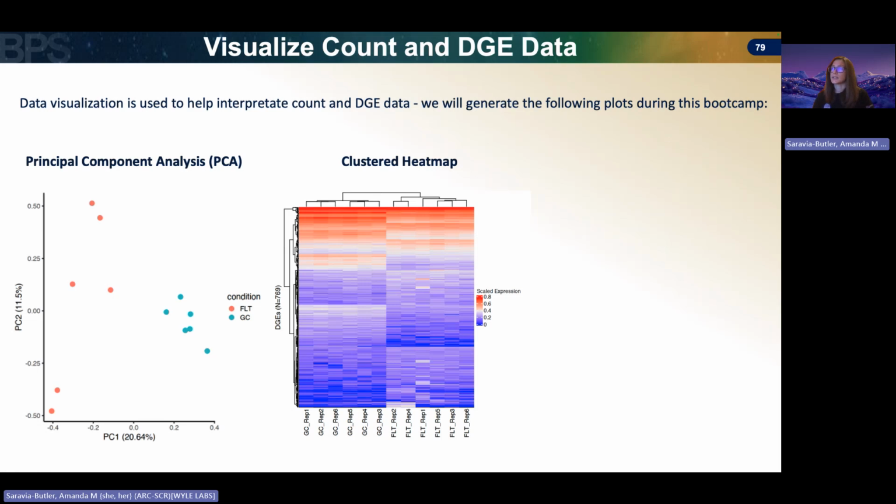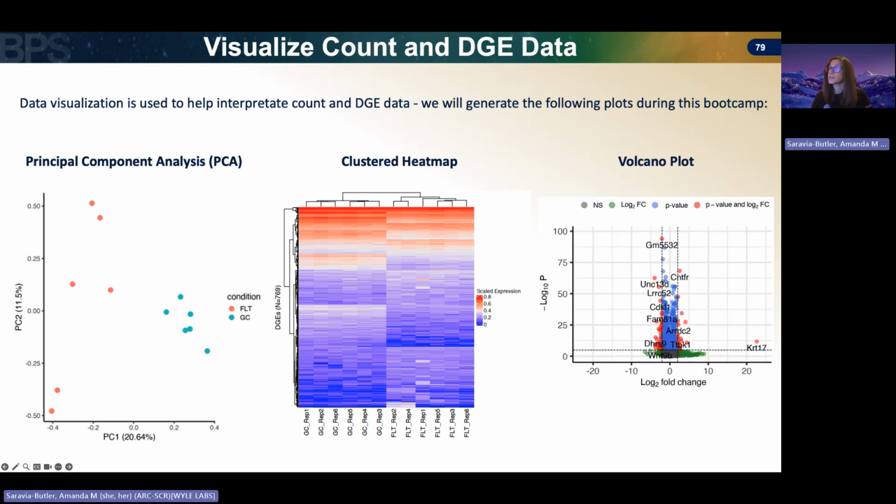We're also going to be generating cluster heat maps, again to try to identify patterns within samples from the same group, and also how those patterns differ from samples in other groups. We're also going to be looking at volcano plots. The statistics overview lecture is going to walk us through the volcano plot in detail and how to interpret it. This shows us where our gene expression falls in terms of the log2 fold change of our pairwise comparison in relation to our statistical significance, or our adjusted p-value.